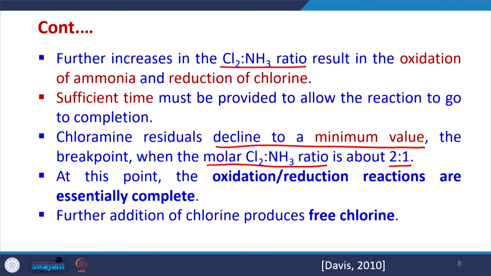Under this condition we reach the break point, at which the oxidation reduction reactions are essentially complete. If we add further chlorine, it will be totally available as free chlorine and will be used up for disinfection as well. So, we always try to have a good amount of free chlorine available so that it can be used for disinfection.